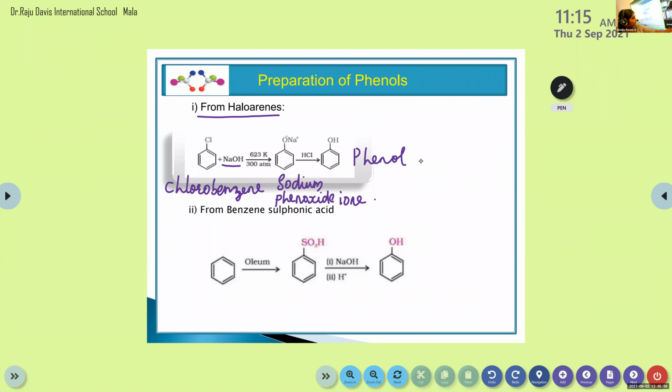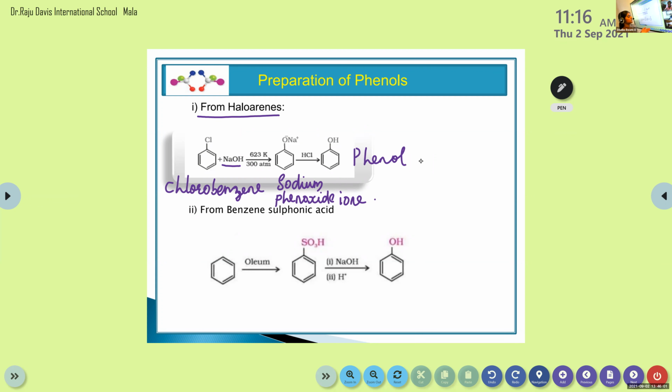This is clear? If you learn the chemical equation of this reaction, you can write the chemical equation in the form of a sentence, right? If you know the names of each compound, it will be easy. Here you can see one aromatic ring with chlorine. It is chlorobenzene. Then the another reagent is NaOH.